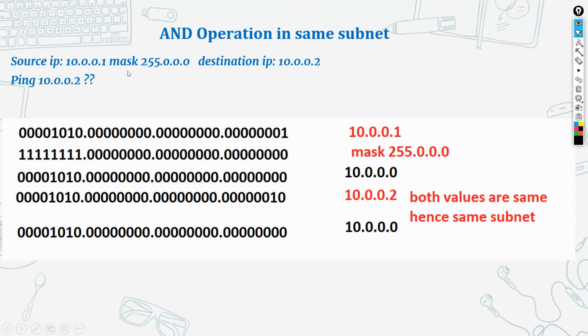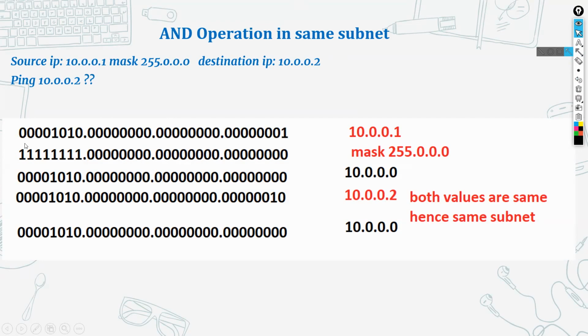Now when this particular PC is going to ping, let's say 10.0.0.2, which is in the same subnet, correct? Let's see how the PC is going to find out if 10.0.0.2 is in my same subnet or in a different subnet. You can see the first line, 10.0.0.1, which is the IP address of PC1.